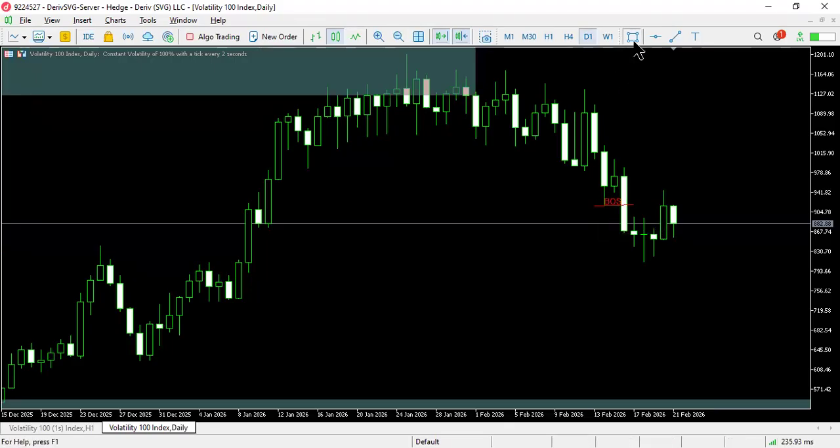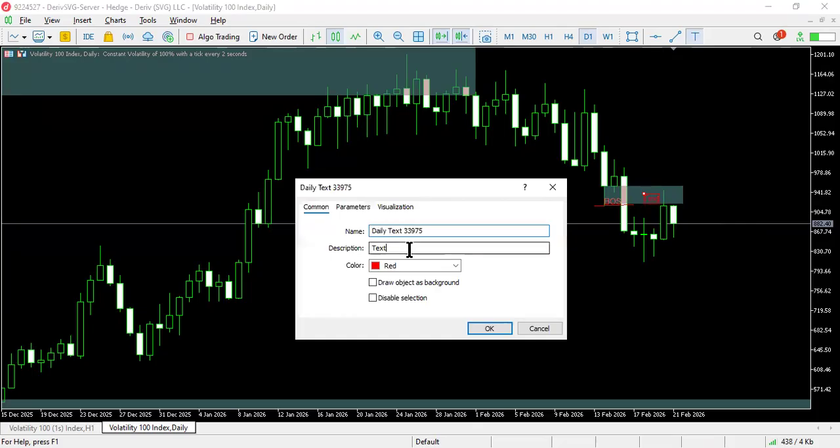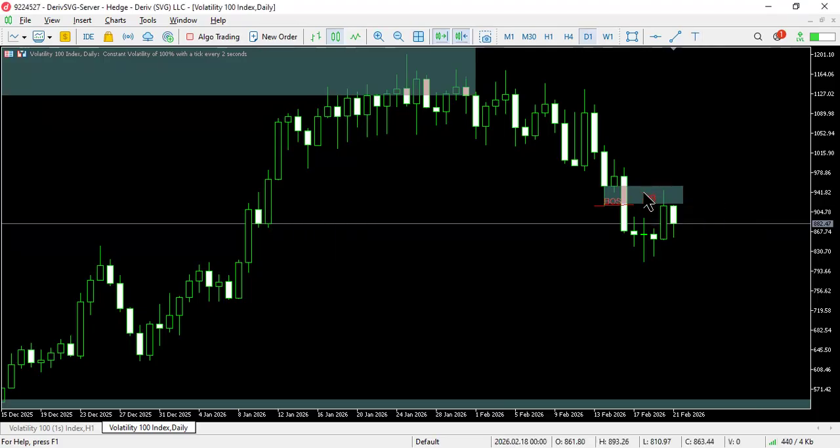Then price mitigated our order block, went back in to mitigate our daily order block right there. And then that's it from the daily time frame.